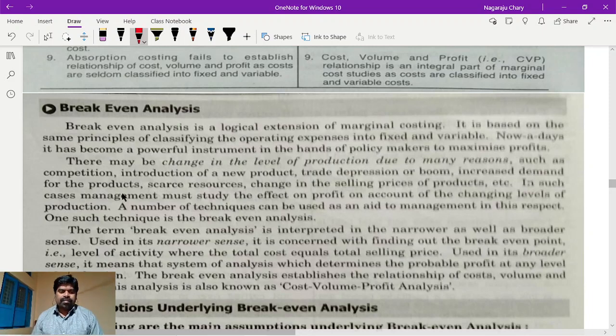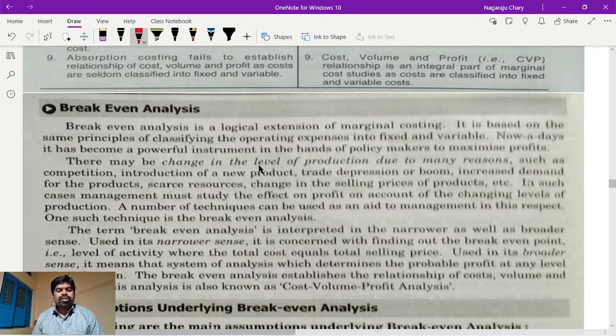Nowadays, it has become a powerful instrument in the hands of policymakers to maximize the firm's profits. It is very useful to decision makers.